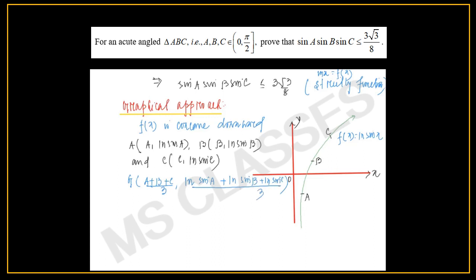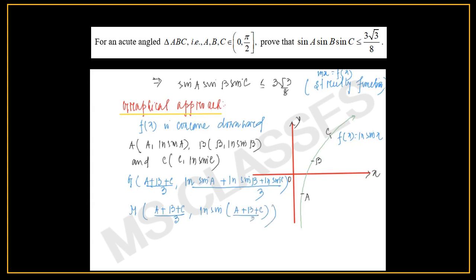The center of the triangle will be this one. Correspondingly, the point on the curve corresponding to this abscissa we take as M. That M will be at (A+B+C)/3, and ln sin of (A+B+C)/3.